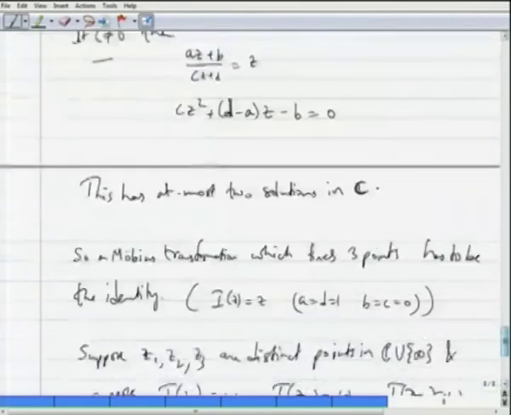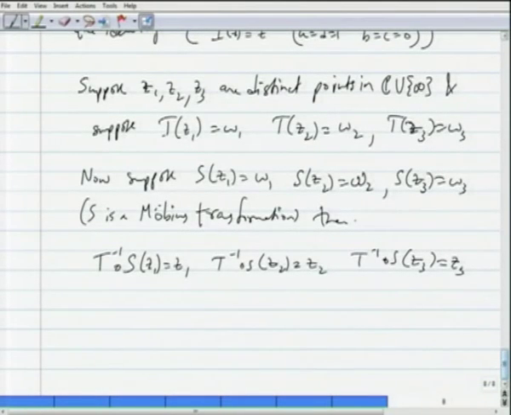So, it fixes 3 points. T inverse circle S is also a Mobius transformation.